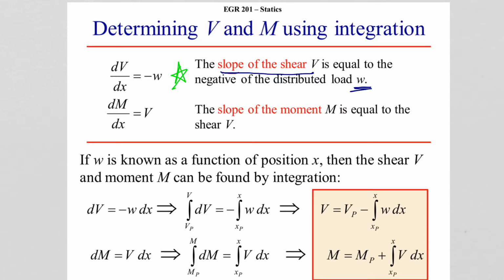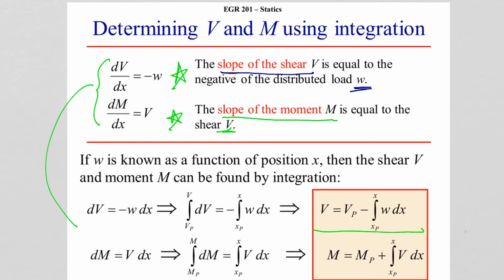The other one is our slope of the moment curve is equal to the shear. This will also help us draw our moment diagrams. Last, if we rearrange these equations, we see that if we integrate these equations, we will come up with these two equations here.